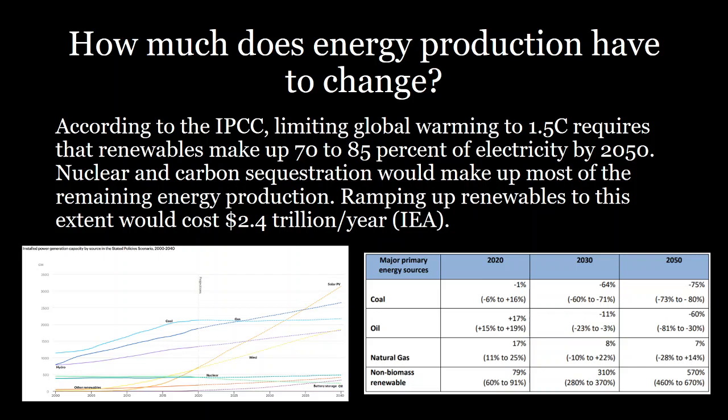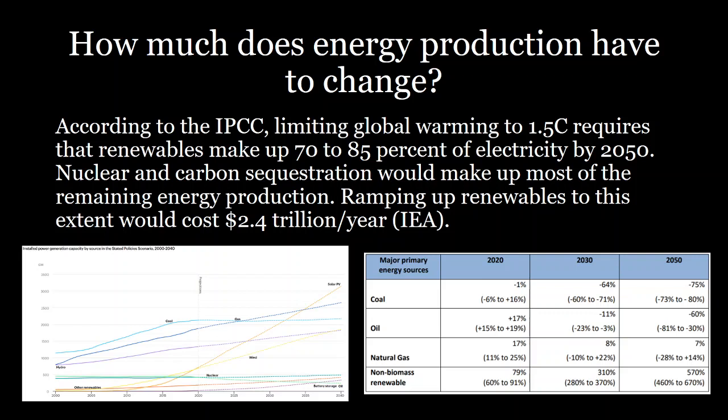And so in order to do this, the estimated cost would be around $2.4 trillion per year. Remember when we talked about previously, unabated climate change by 2100 would cost the US alone $2 trillion per year.